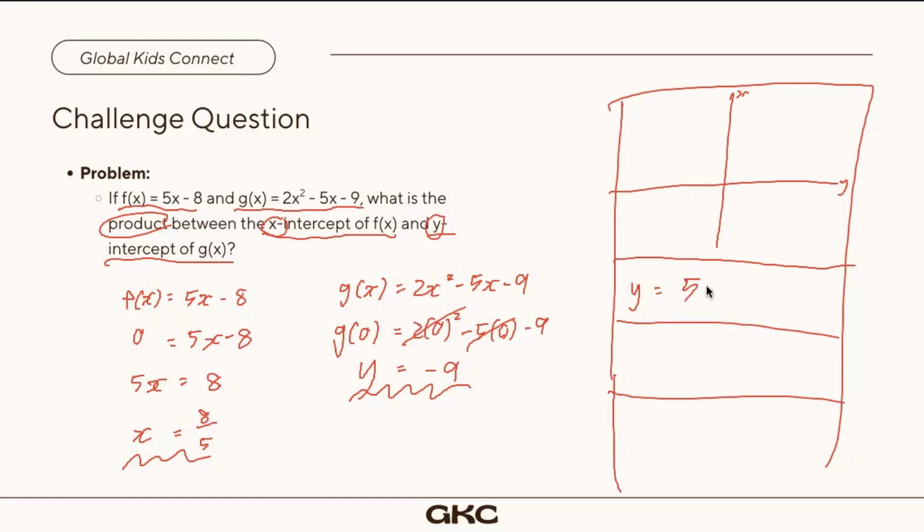So y will equal 5x minus 8. And we can also put in the function for g of x like such. After doing this, the Desmos calculator will graph the functions for you. So for example, f of x will be something like this, where the x-intercept is here.